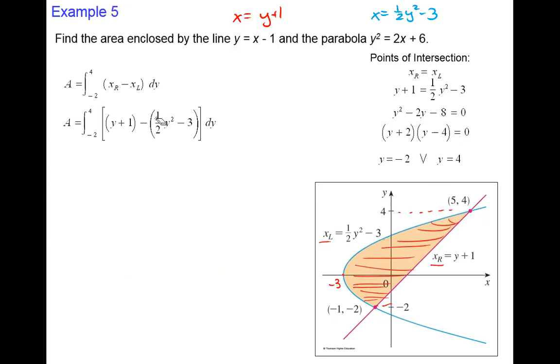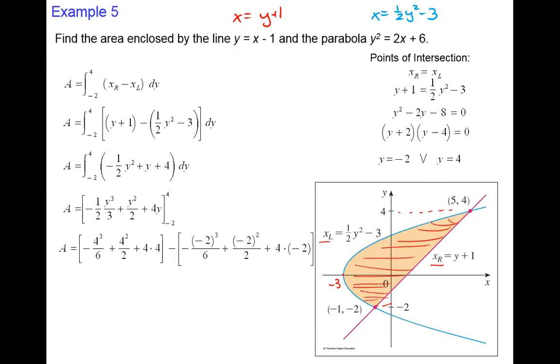Right is just the line y plus 1 minus the parabola 1/2 y squared minus 3. I simplify a little bit, integrate, substitute the upper limit and lower limit, go through all of these fractions and get 18.